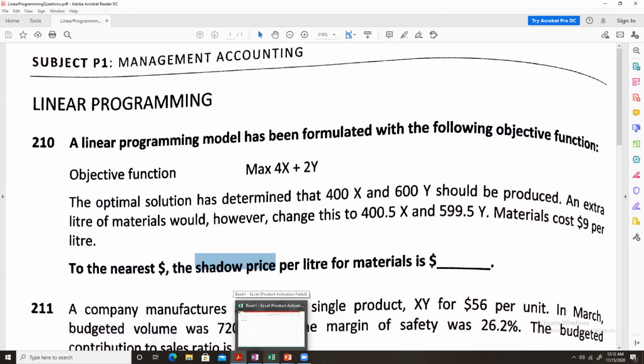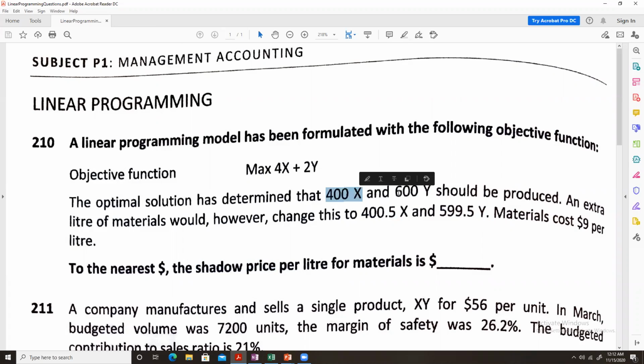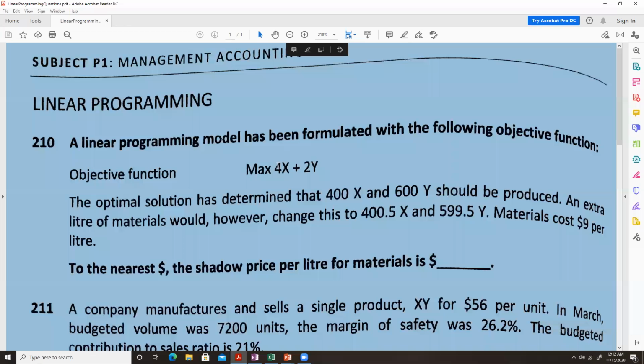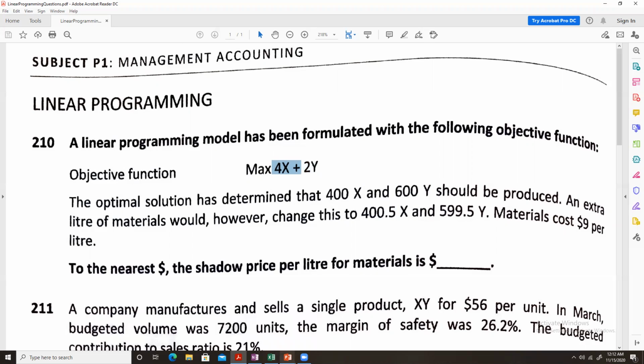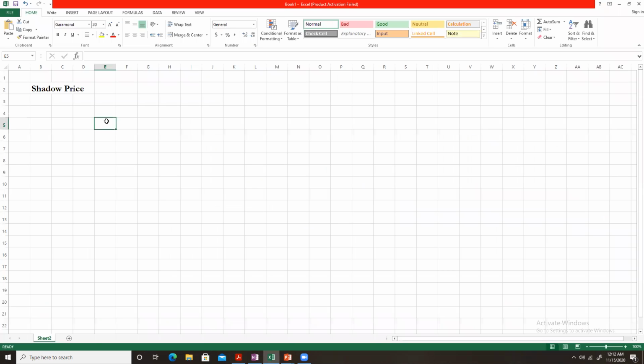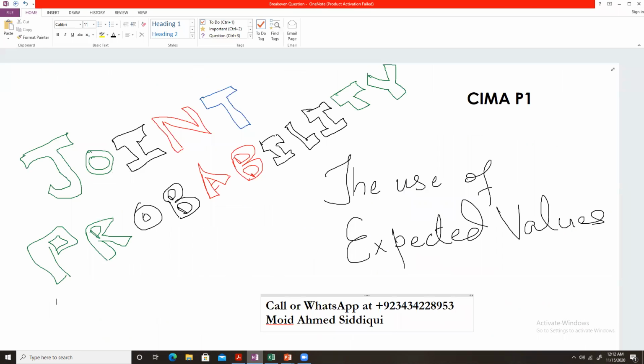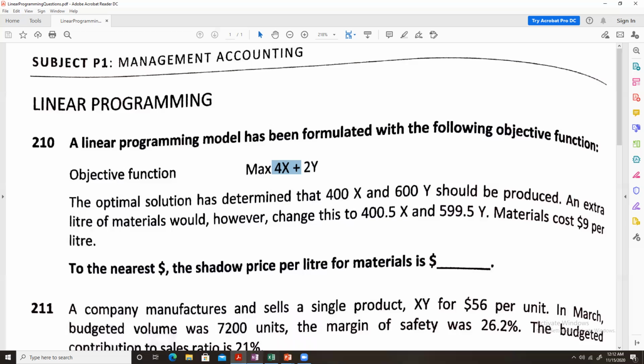So first we will put these two values in the objective function equation, 4x plus 2y, and see what answer we get by substituting x with 400 and y with 600.